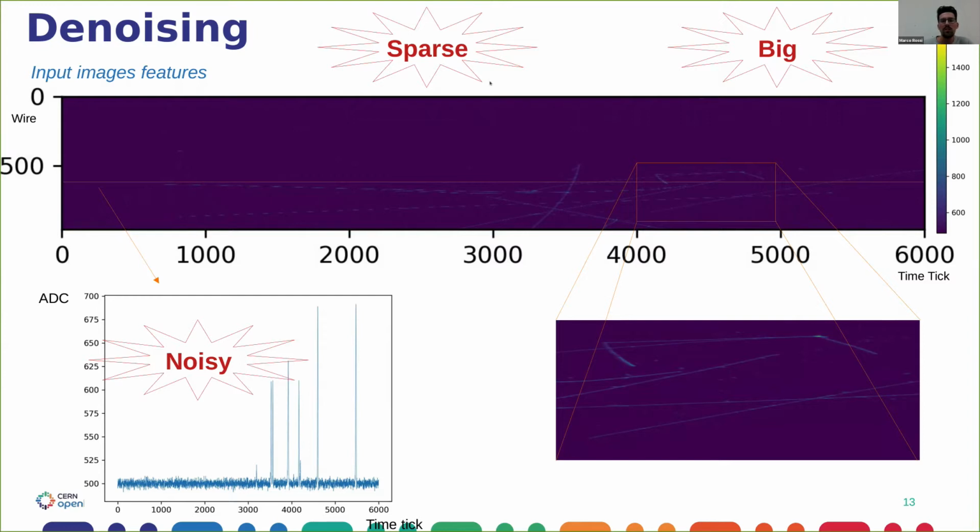In order to deal with these two features that could constitute difficulty in the models, we employ graph convolutional neural networks in order to deal with sparsity, and with the size of the images, we use a data parallel approach, meaning that we are cropping the images and feed the crops to our models.